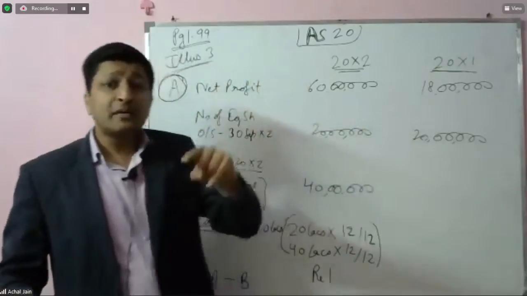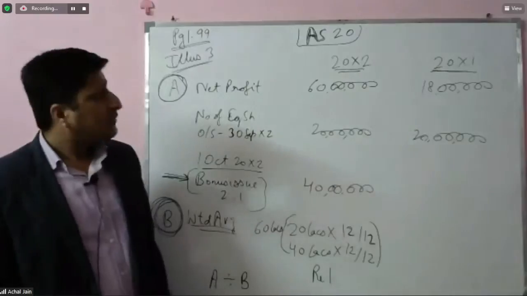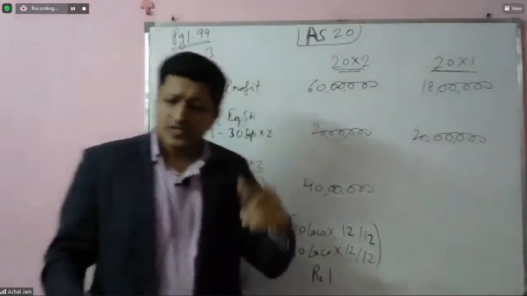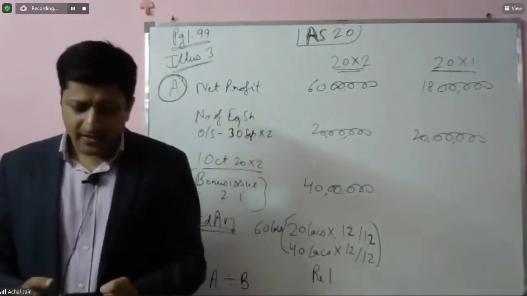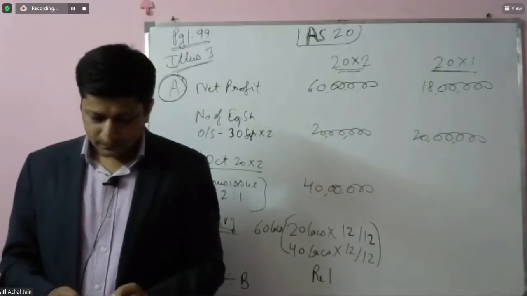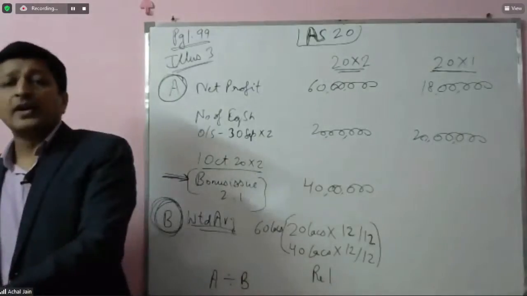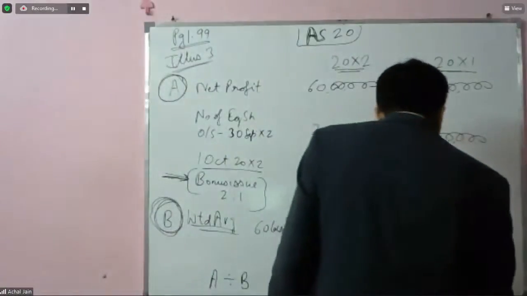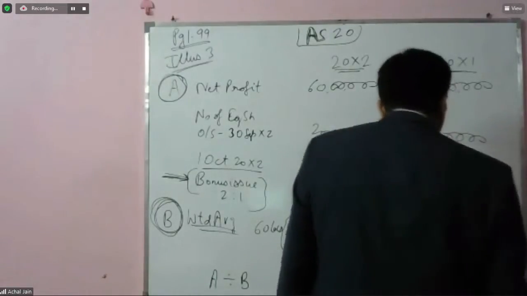So what would have been my EPS in the last year? 18 lakhs divided by 20 lakhs. It's 0.9. Last year, my EPS was 0.9 per share.